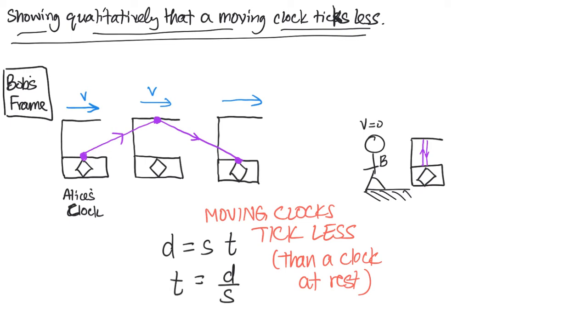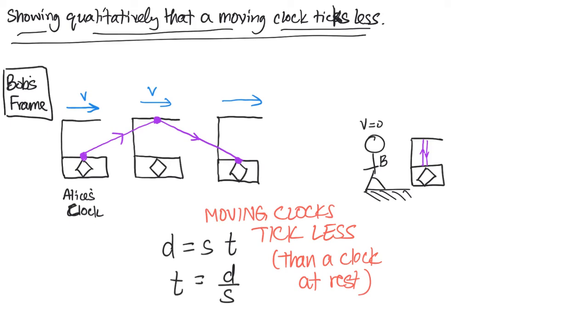However, you could analyze the situation from Alice's frame. And in Alice's frame, her clock would be at rest and Bob's would be moving. And Alice would say that her clock is at rest and therefore ticks more than Bob's clock. So Alice would say Bob's clock is moving and therefore Bob's clock ticks less than Alice's clock.